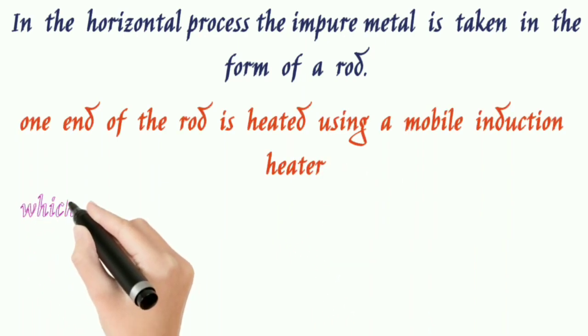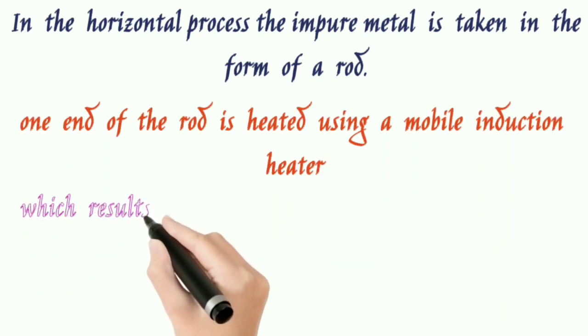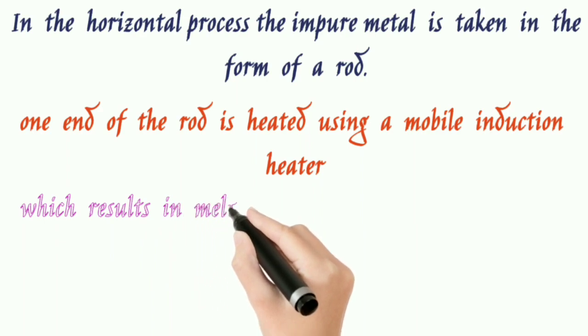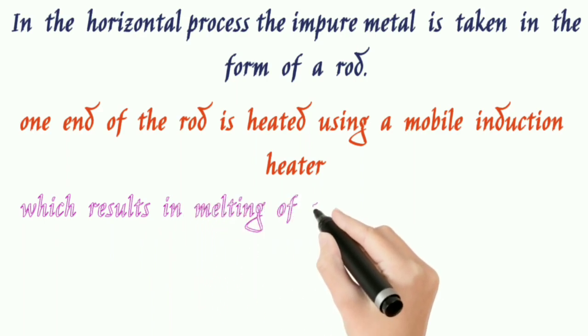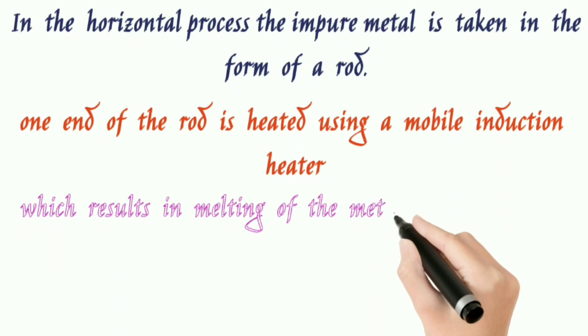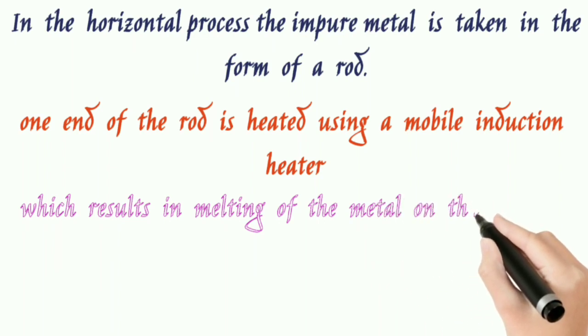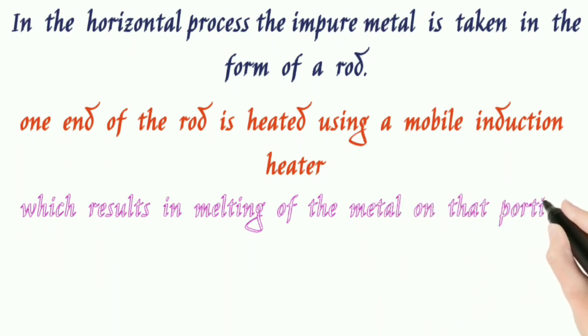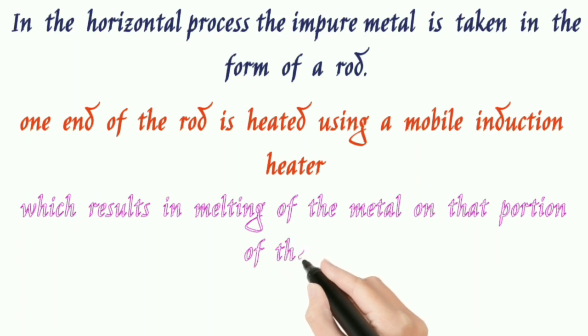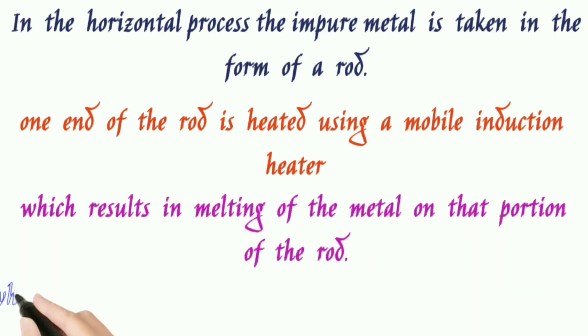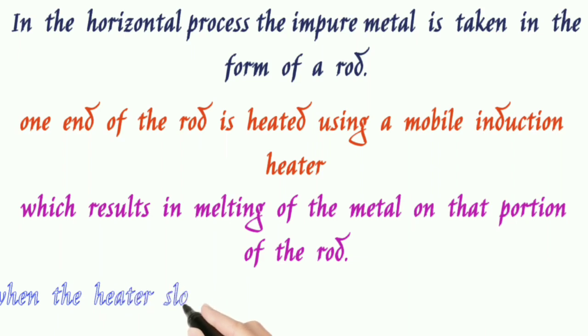I told you that it is one of the characteristics of that heater, which makes a molten zone over there. So on that portion of the rod, it results in the melting of metal. Okay, when the heater is slowly moved from one end to the other end, I'm going to start moving the heater from one end to the other end. I told you that the zone refining process is a traveling process.